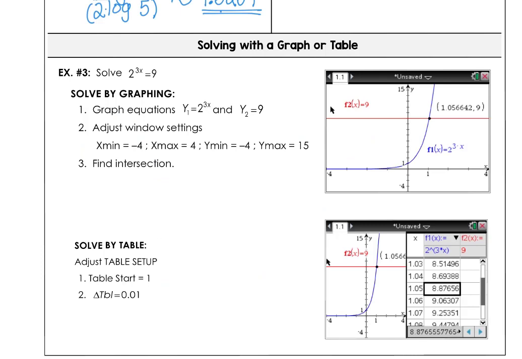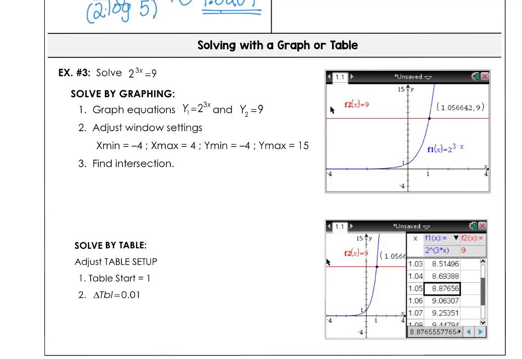In example 3, I'm using my TI Inspire, and I want to solve my exponential equation 2 to the 3x power equals 9. I want to solve that by graphing.